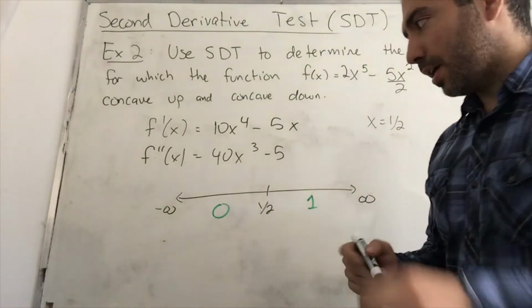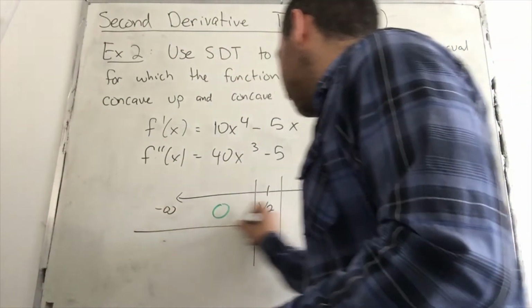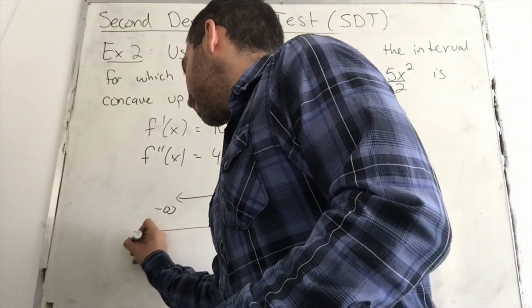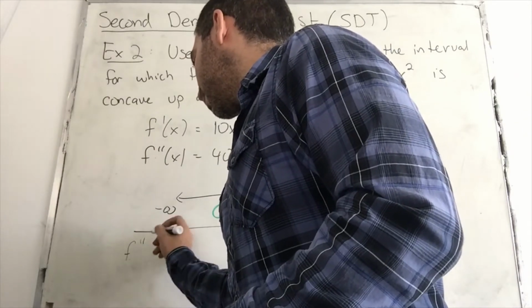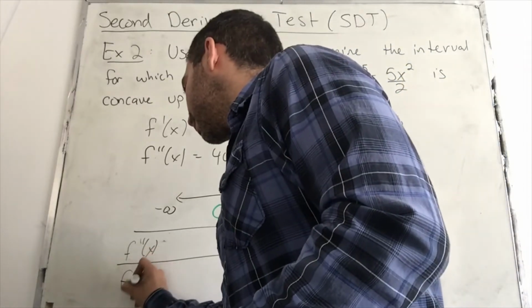Okay. And we could create our little table of f double prime and f of x.